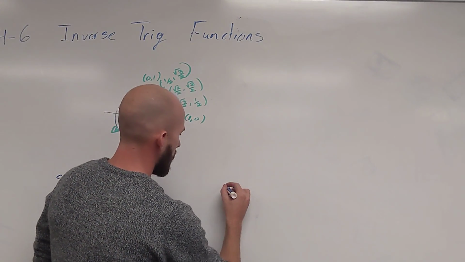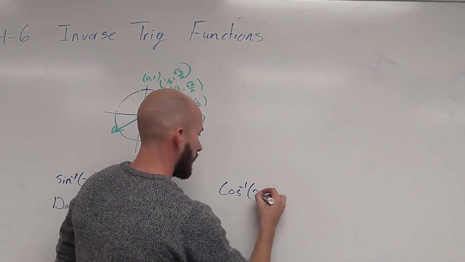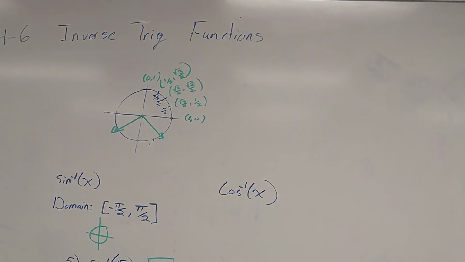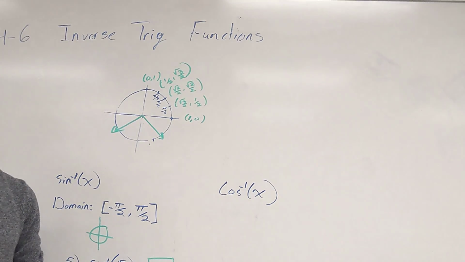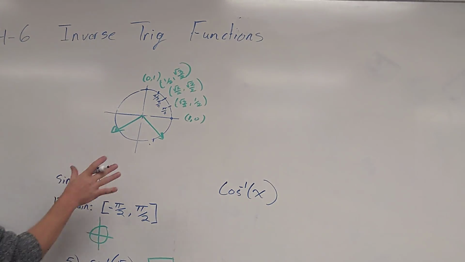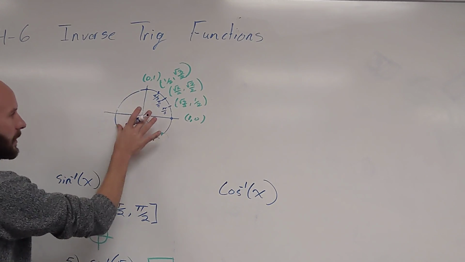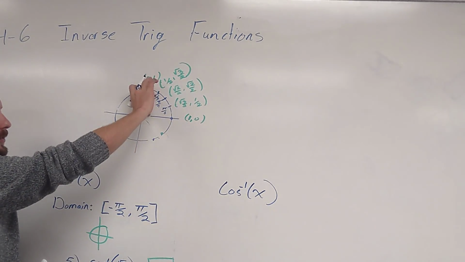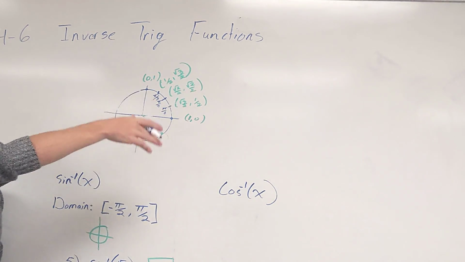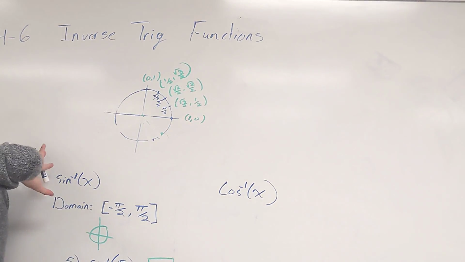Now let's take a look at cosine. For cosine inverse of x, we're going to have to restrict the domain as well, but it's not going to be exactly the same, because cosine on the right half would give the exact same values as on the left, since cosine is positive on the right half and negative on the left half.